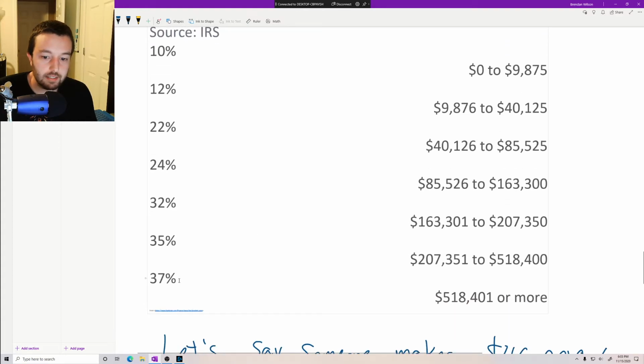So the highest tax rate we have is 37%. That's if you make more than 518,401. You might have seen in the news recently there was a lot of talk about Biden's tax plan, which was that he was going to raise the taxes on people making over $400,000. Even then, it's not all of your money.